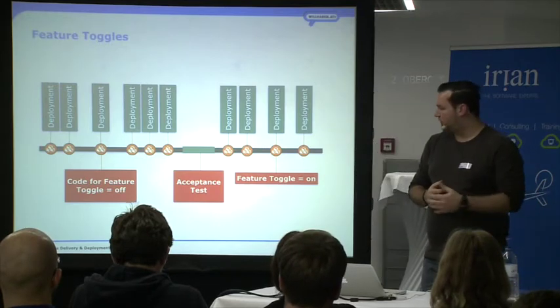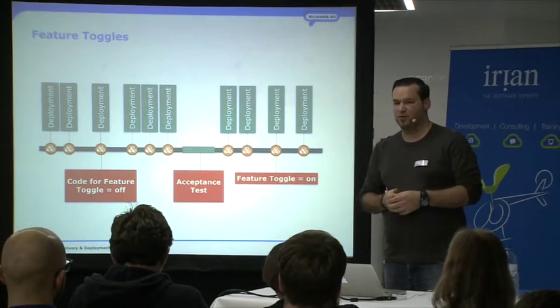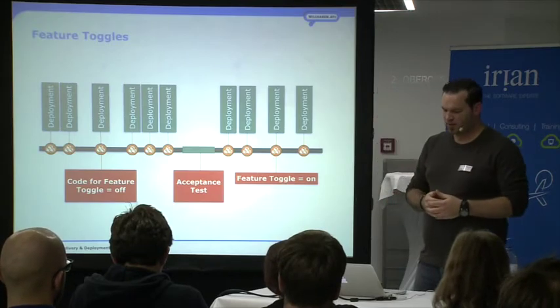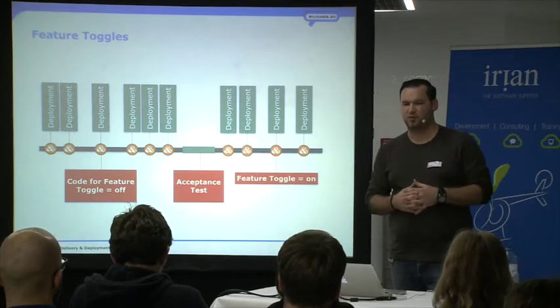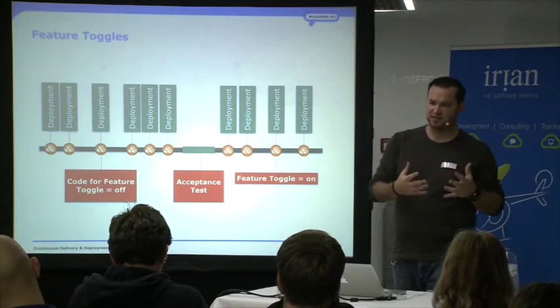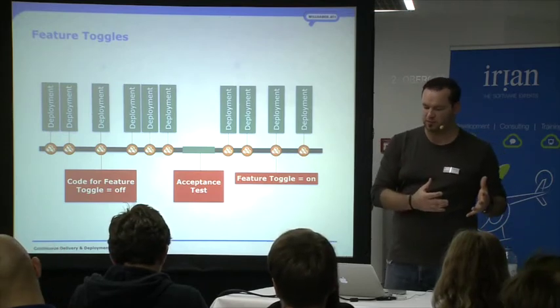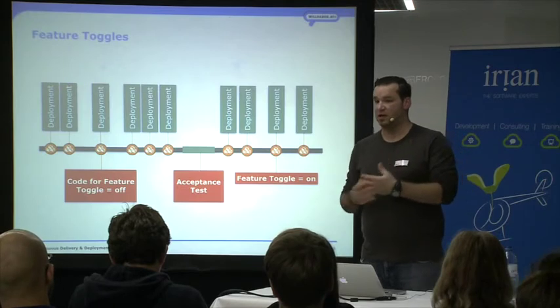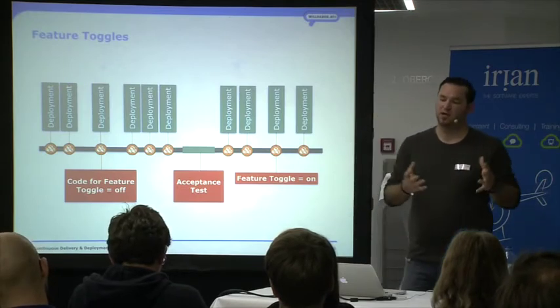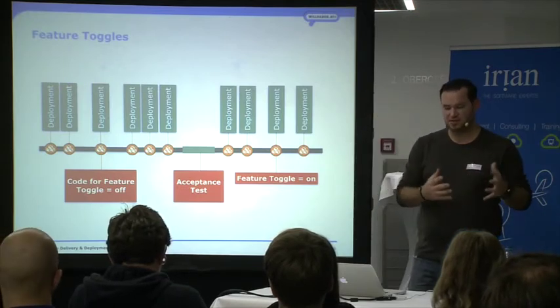So let's say you commit your code and deploy it to a production system, and sometime later you have some kind of acceptance test that is testing this feature on a staging environment, for example, and it's getting accepted. So you get a go for releasing this feature.